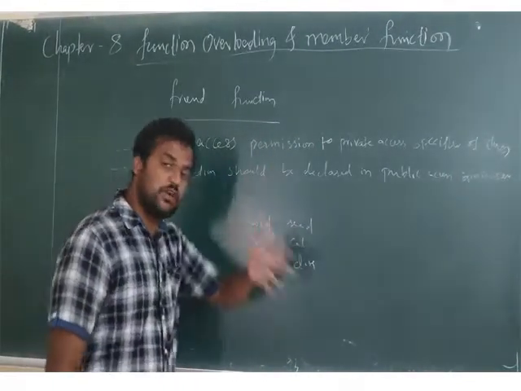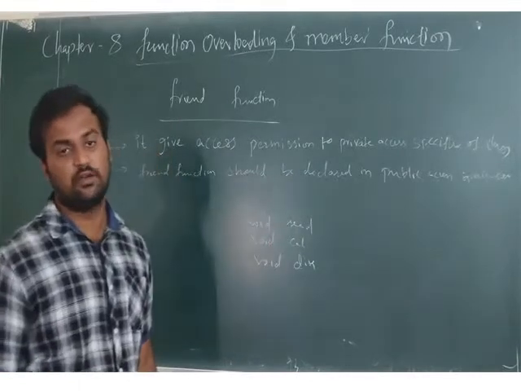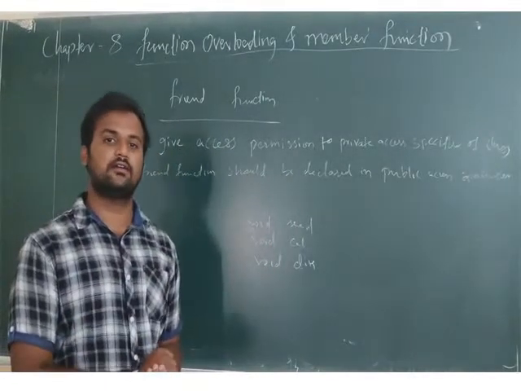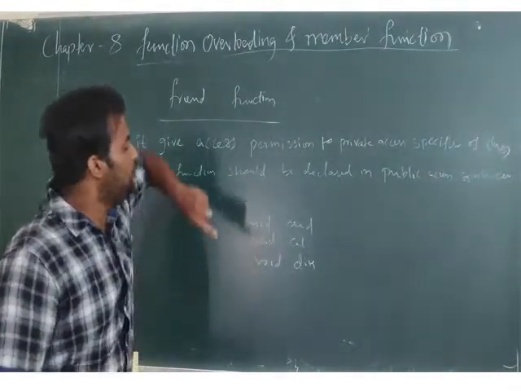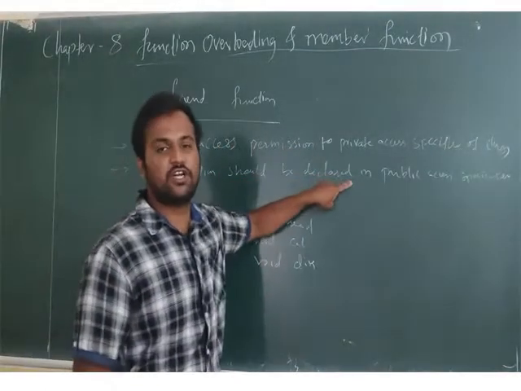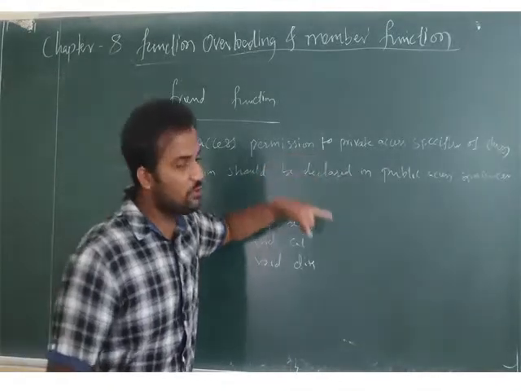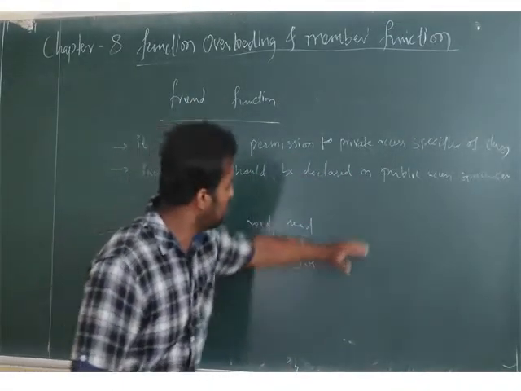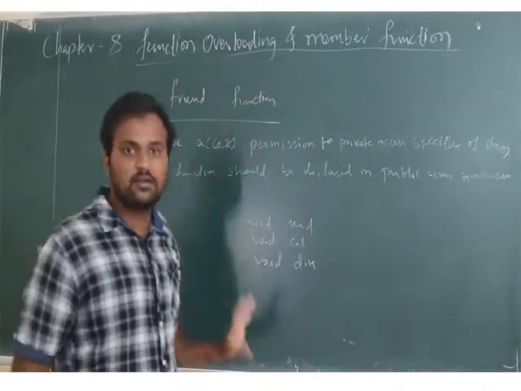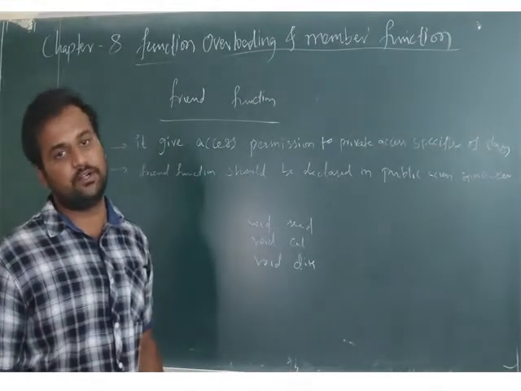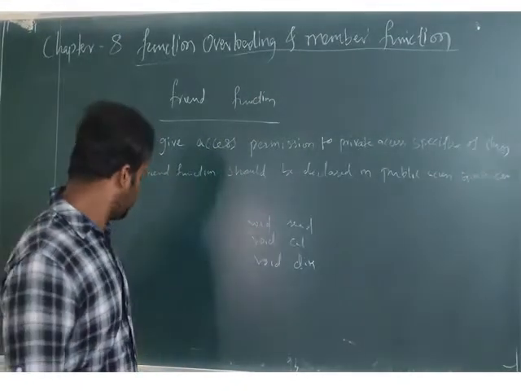Now these three things will not execute if I write them in private. Now how do we execute that? Then what we do is, we declare friend function in public. And by using those friend functions, what we can do? We can use all the three members and execute them. Okay?